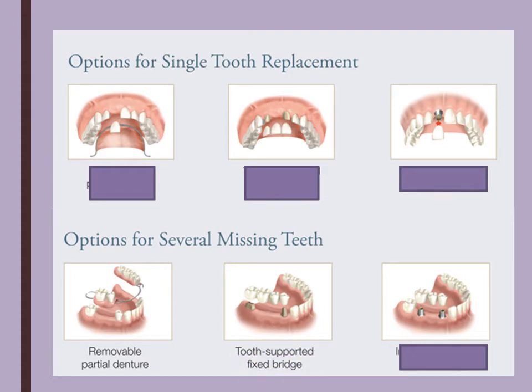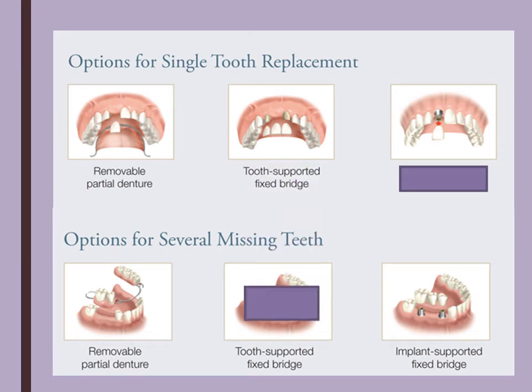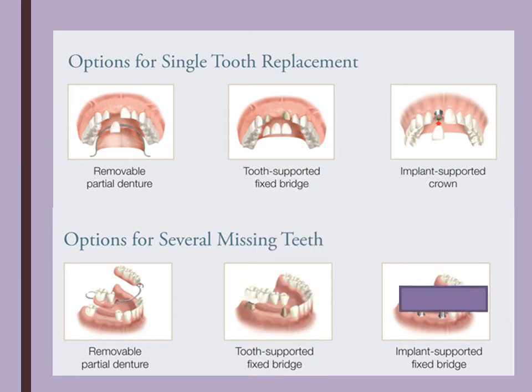Then we have tooth supported fixed bridges and implant supported fixed bridges. For single tooth replacement, we again have removable partial denture, tooth supported fixed bridge, and implant supported crown. So these are the different options for tooth or teeth replacement.